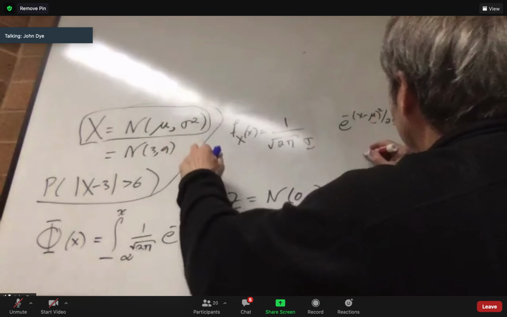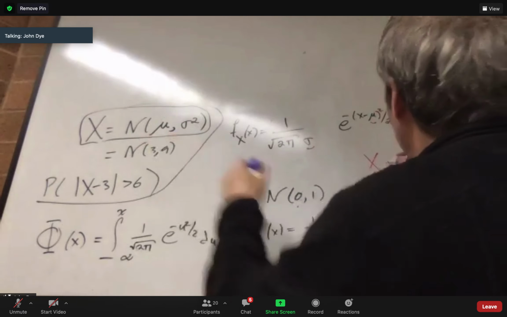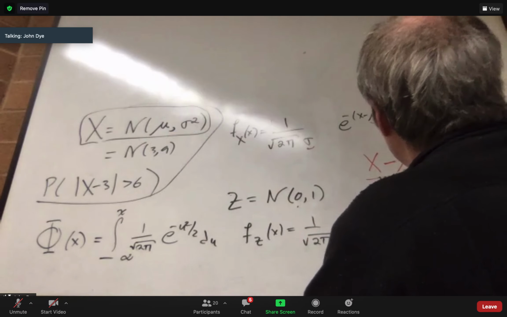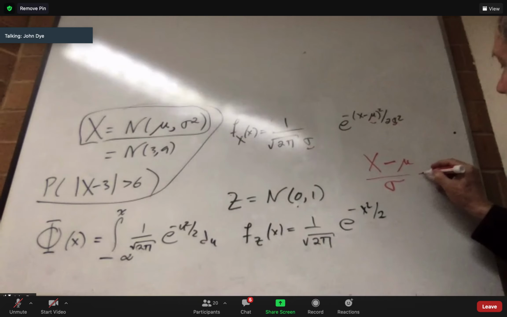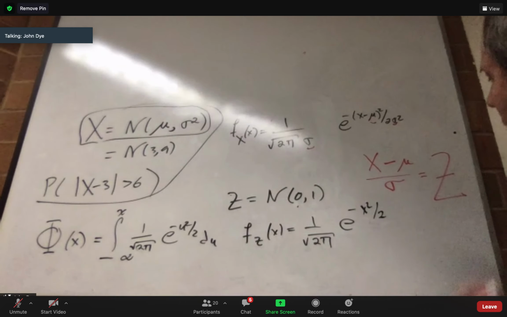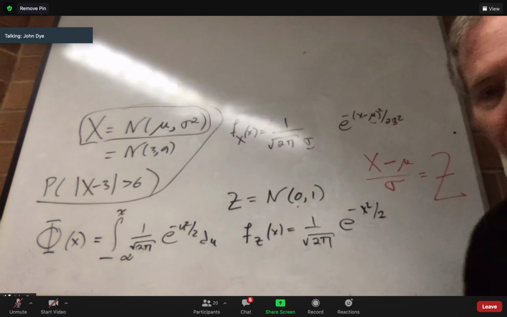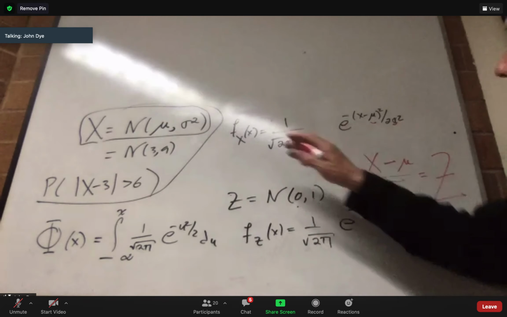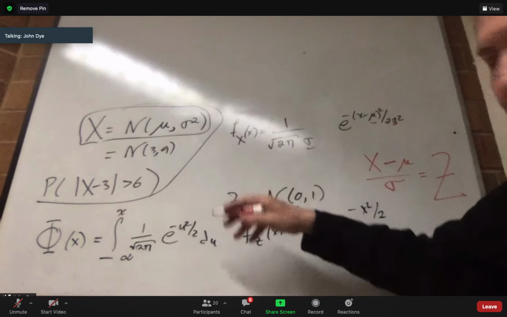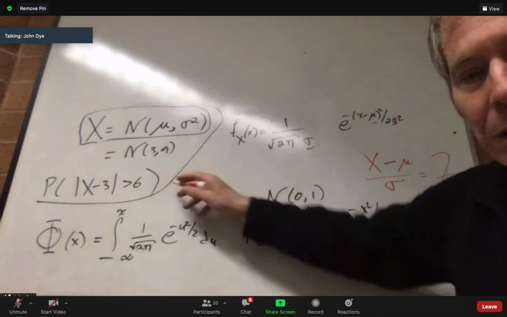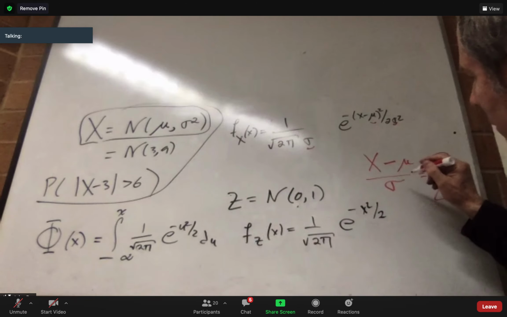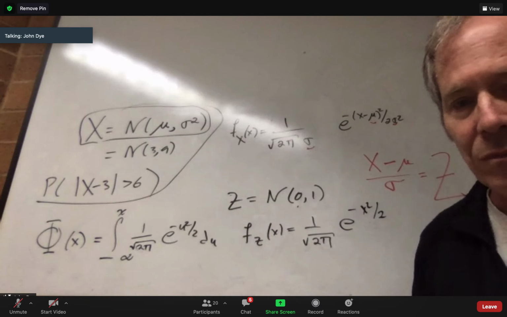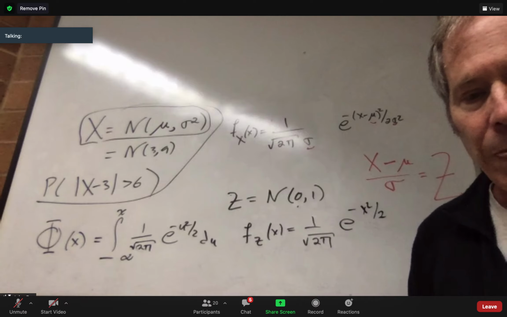You take x, the random variable x, minus its mean, divided by its standard deviation. It turns out this is a standard normal distribution. So in order to use the table, regardless of where you started, we're going to have to do this normalization of the x to evaluate this problem. Does it make any sense?